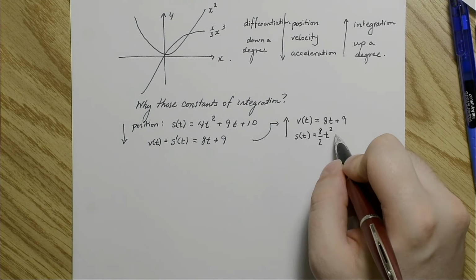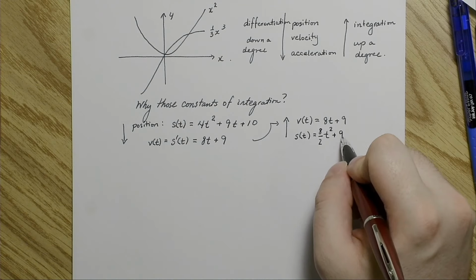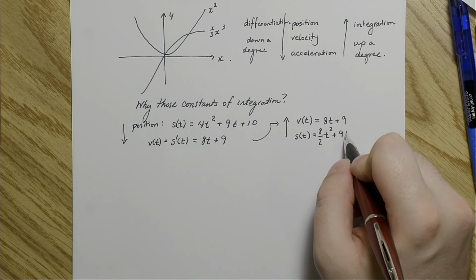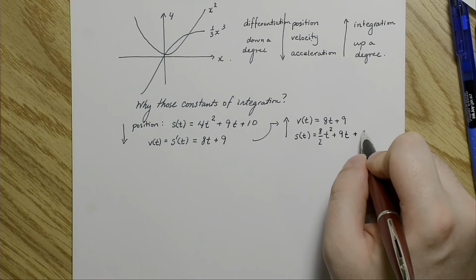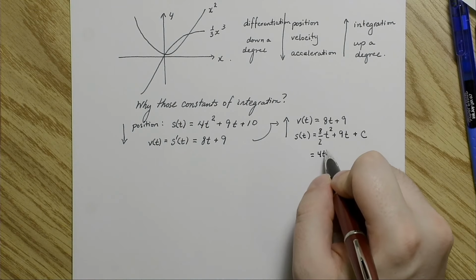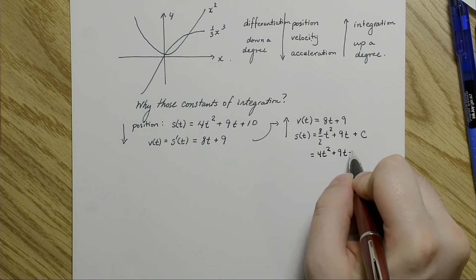I have the 8 plus 9. This is still a constant, so it goes up a degree as well. So 9t plus c. So in the end I get 4t squared plus 9t plus c.